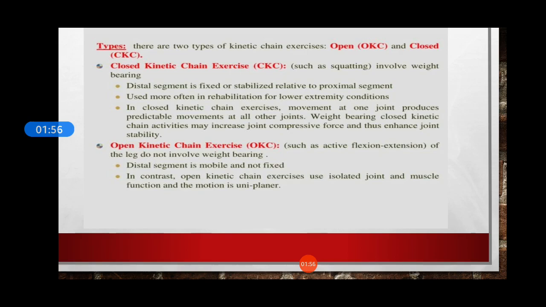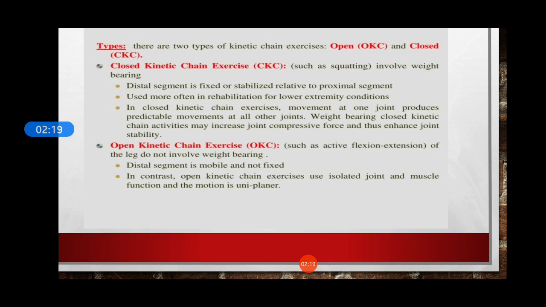In closed kinetic chain exercises, movement at one joint produces predictable movements at all other joints. In the open kinetic chain, exercises such as active knee flexion and extension or active shoulder flexion and extension of the leg or shoulder do not involve weight bearing. So the distal segment is mobile.